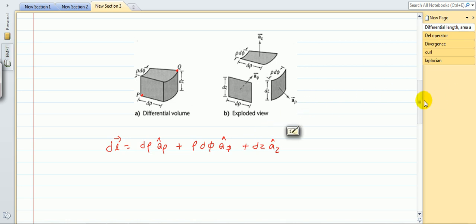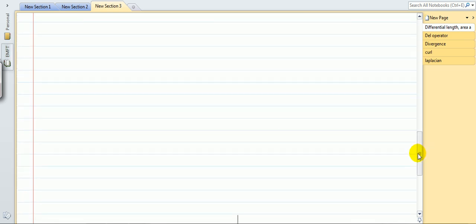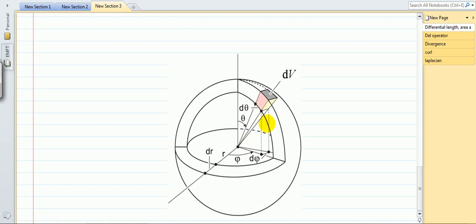And if I talk about the spherical coordinate system, here you can see, if I consider this differential element, and if I'm moving from this point to this point, then I will cover this distance. Here theta is varying, so r will be multiplied, so it is r d theta. And then I will go here, this will be same as the rho d phi in the cylindrical coordinate system.